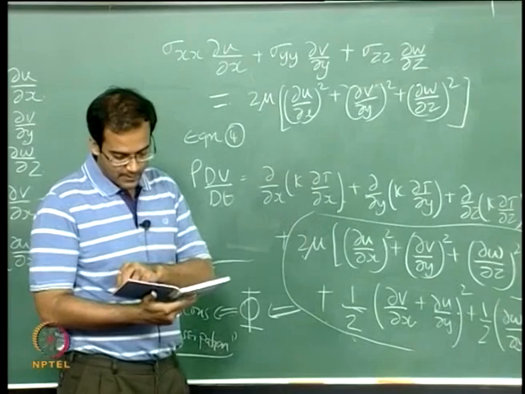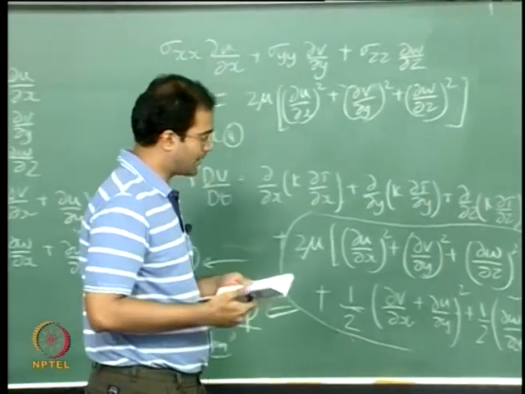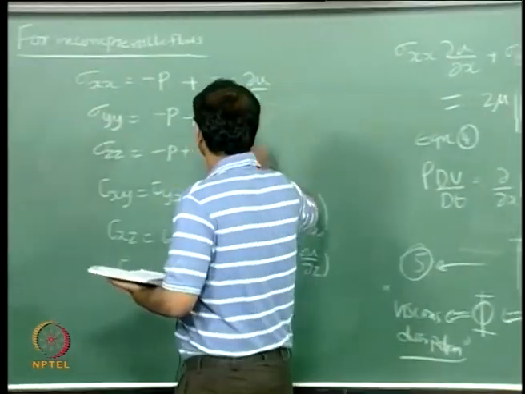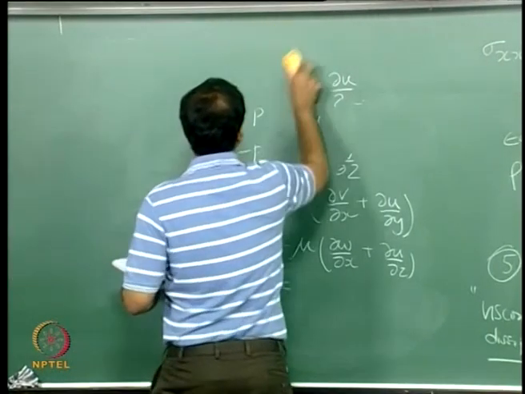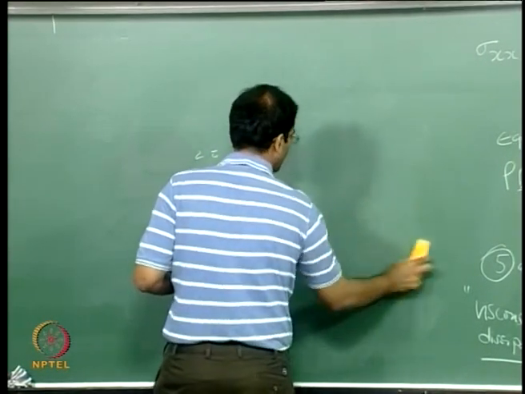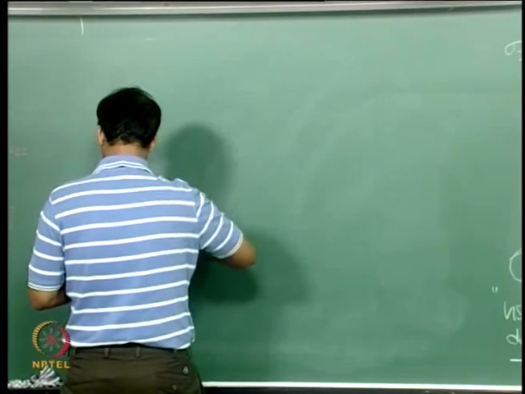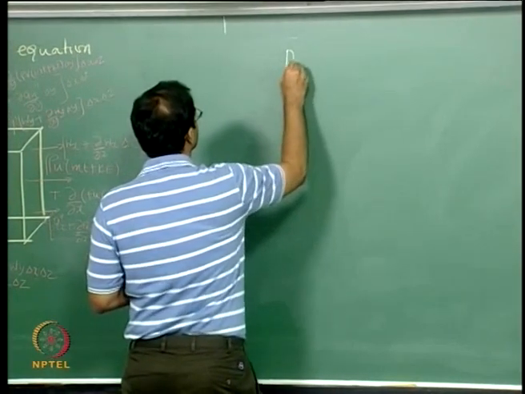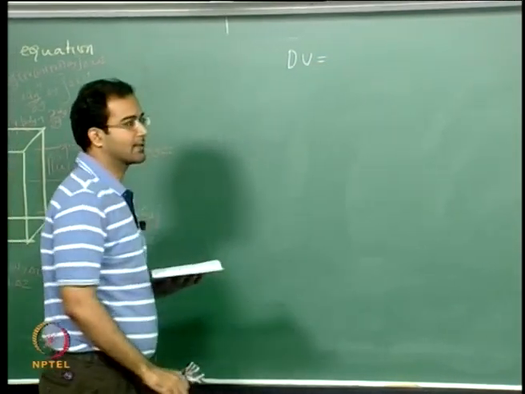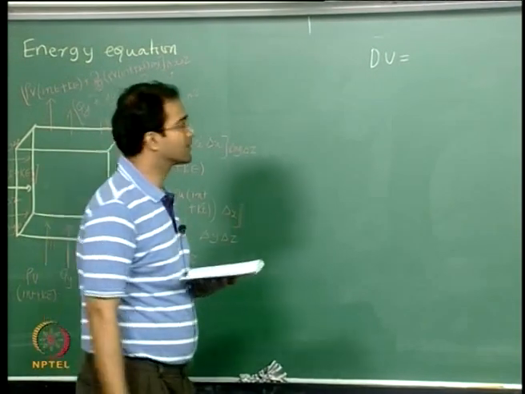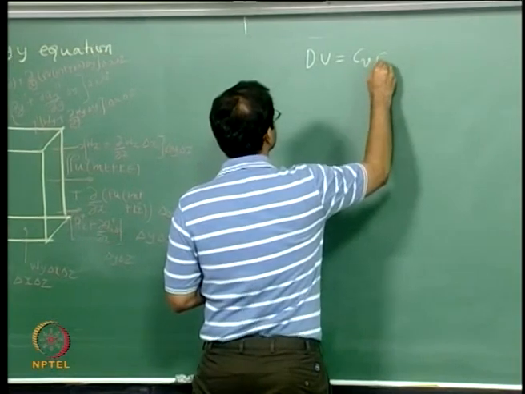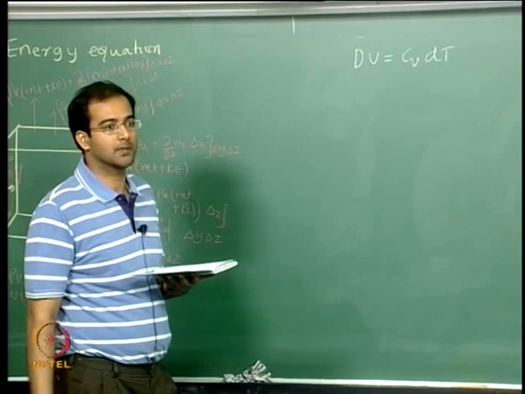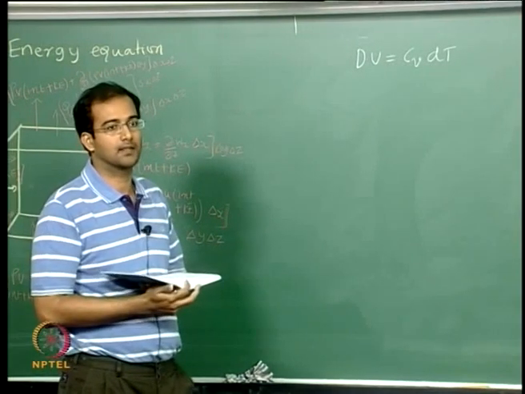So we will make a few approximations now and simplify this equation for a couple of conditions. The first thing, if you introduce the fact that your du, that is your change of internal energy, is related to your temperature, so you say that it is Cv dT. And for an incompressible fluid it does not matter which specific heat you use, whether it is specific heat capacity at constant pressure or constant volume, they are the same.